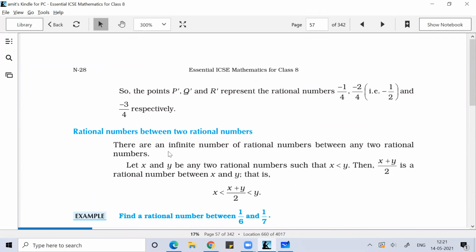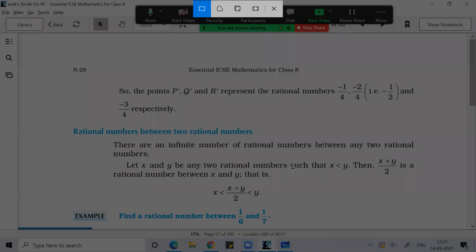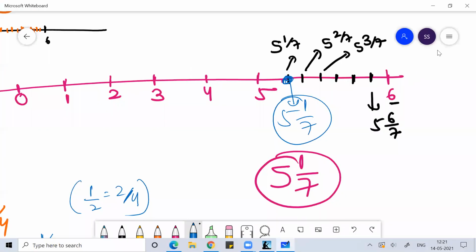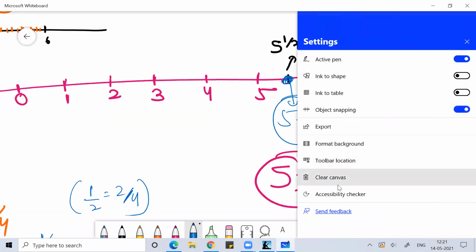They are asking how to find a rational number between two rational numbers. Simple: add them and divide by 2. There are many ways to find one, infinite rational numbers are there, but there's a formula given to you.